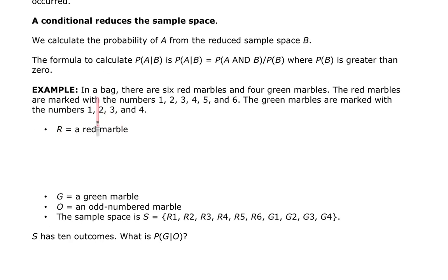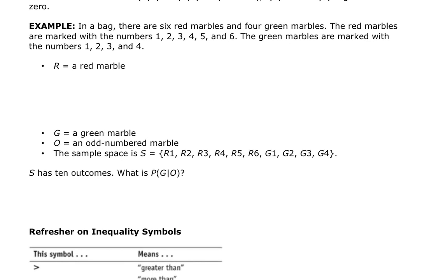So here's an example. In a bag, there are 6 red marbles and 4 green marbles. The marbles are marked 1 through 6. So this is the same kind of thing. There are 10 outcomes. What is the probability of green given that you've already chosen an odd one? So we know that this is going to be equal to the probability of green intersect the odd, divided by the probability of the odd one.